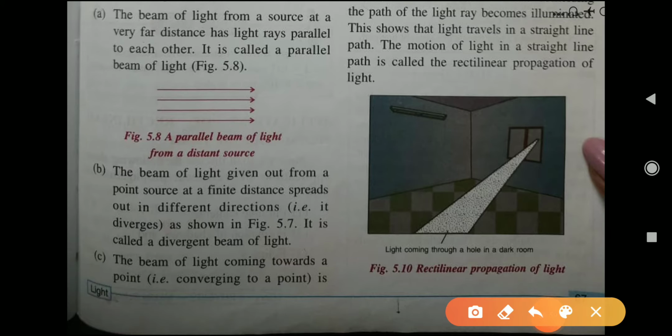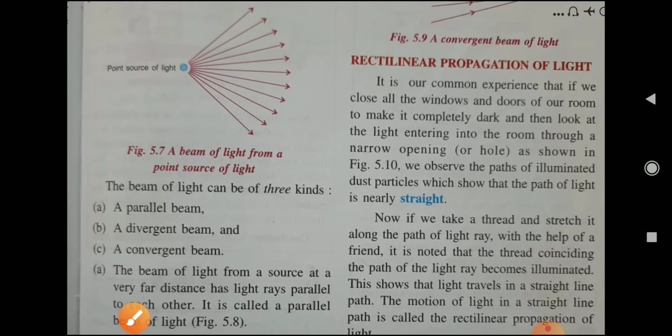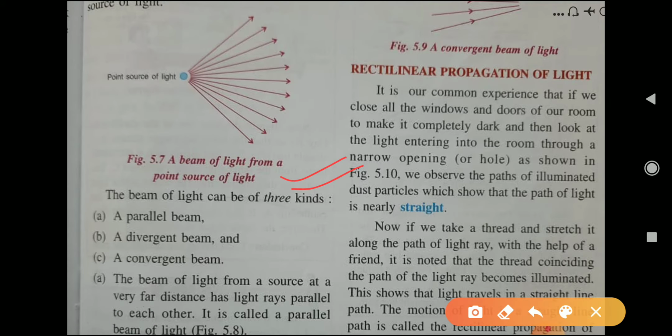Now a beam of light given out from a point source at a finite distance is spread out in different directions, and it is called a divergent beam of light. As you can see here, this type of beam is known as a divergent beam of light.